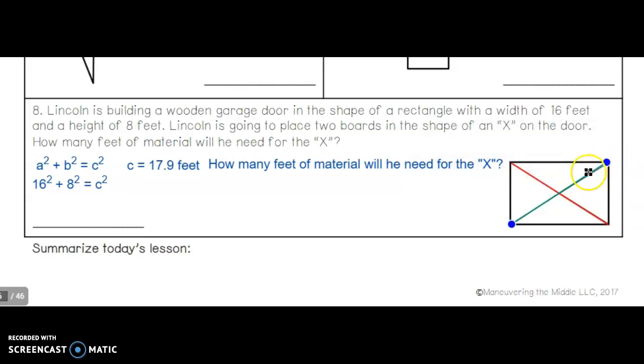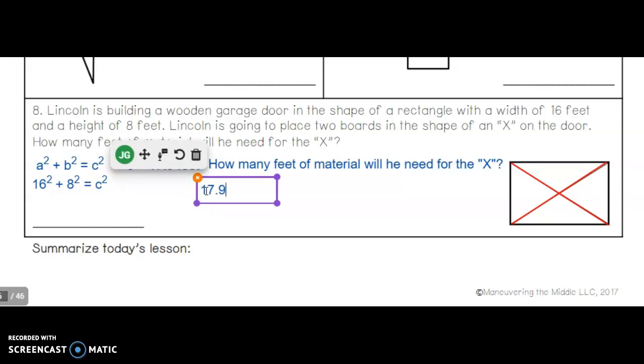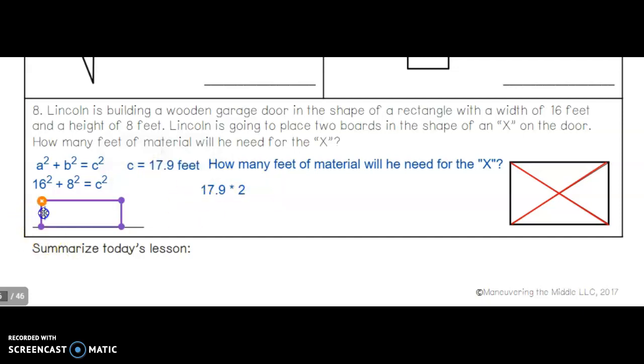But if he's forming an X, that means that you're going to need to take that 17 and 9/10 and multiply it by 2 because you have 2 of them, and then round to the nearest tenth. The total amount of material that is going to be needed is going to be about 35 and 8/10 feet. That is how much material he's going to need to cover the X.